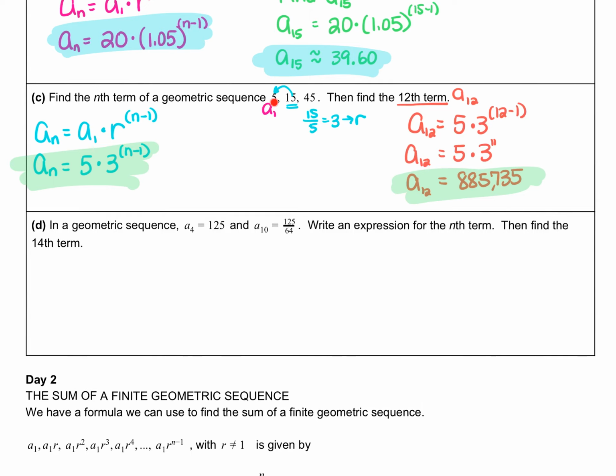A sub n equals the first term 5 times the common ratio of 3 to the n minus 1 power. I've got my equation. Use that to find a sub 12. Plug in 12 where you see n, and we get 3 to the 11th power times 5, which is a pretty large number. By the 12th term, we've got a really large number because every time we multiply by 3.